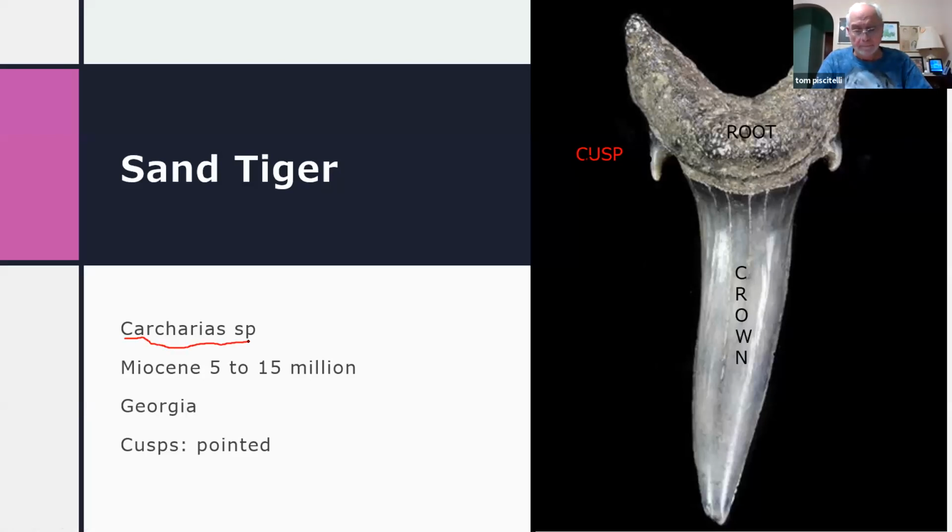What does that mean? If the genus of the tooth is known, but the species cannot be clearly identified, the abbreviation sp or spp are used. sp stands for singular species, and spp indicates that several species are likely. Next, please.